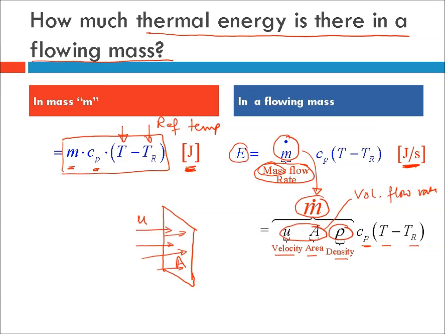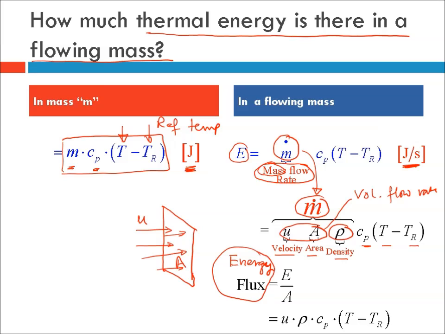So what we would need later on is not energy amount but energy flux. Energy flux, if you recall, flux is always defined as energy per unit area. So if you divide this quantity by area, then you get this. What does that mean?